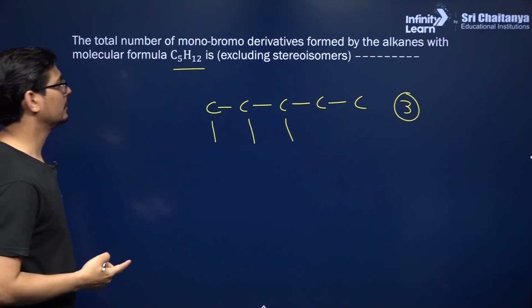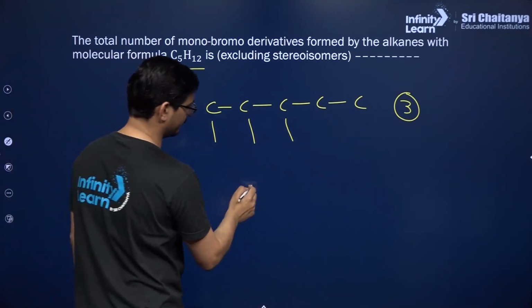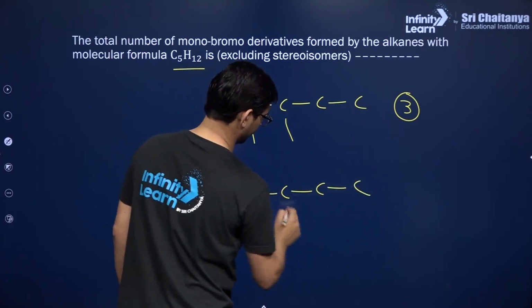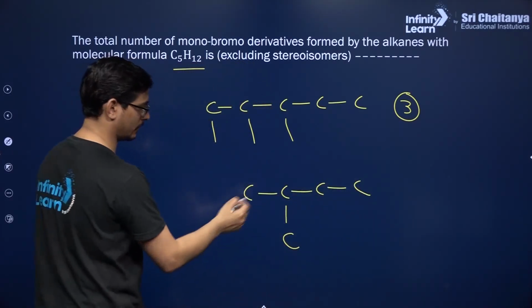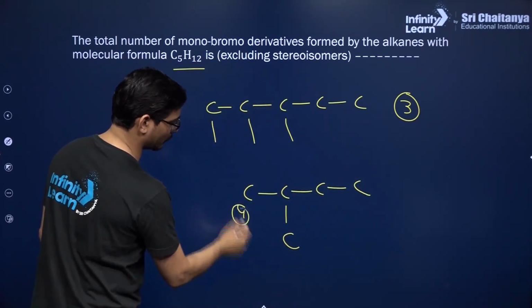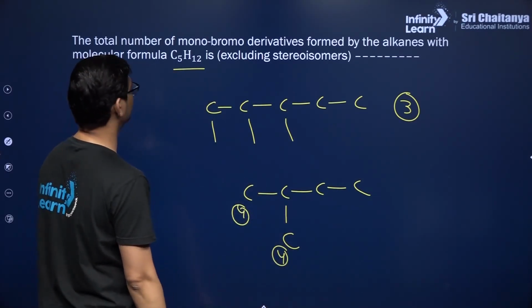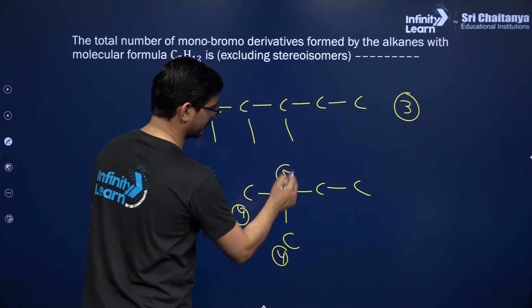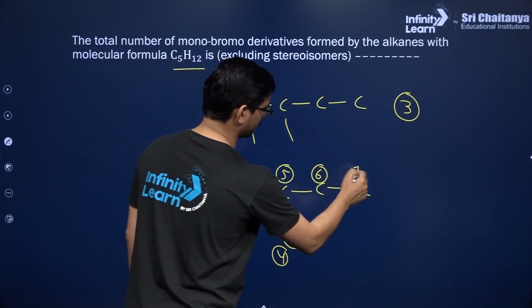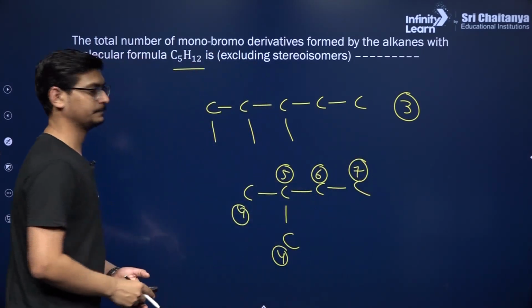Then another chain isomer of C5H12 is this, right? So now this can give rise to the 4th isomer, right? If we replace one hydrogen from here by bromine, this will give rise to the 5th molecule, this will give rise to the 6th molecule, this will give rise to the 7th molecule, right?